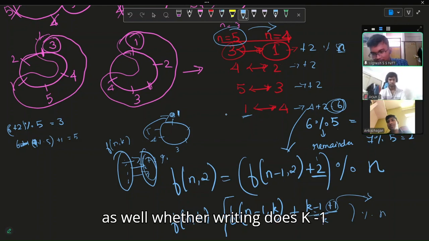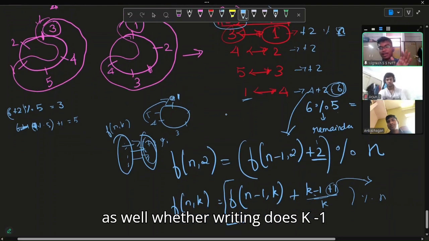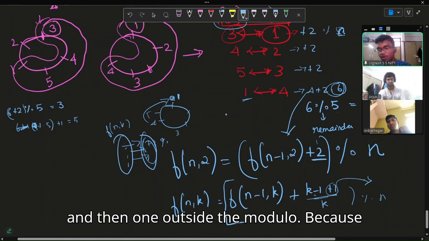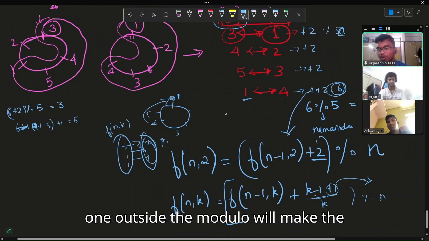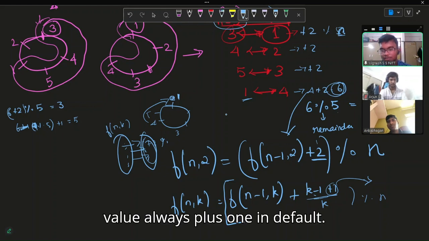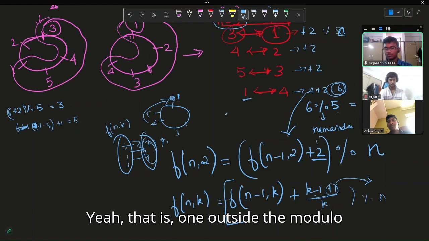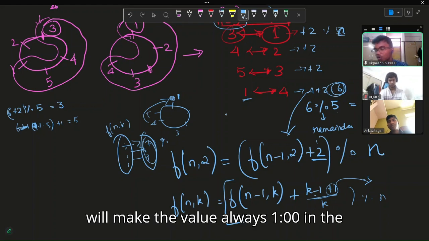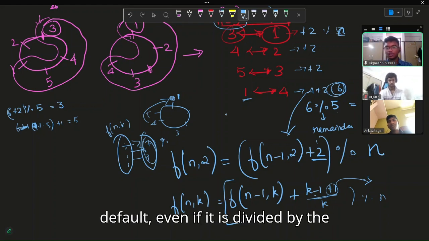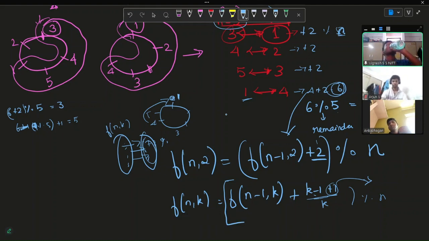I want you to think as well. One outside the modulo will make the value always plus 1 by default, even if it is divided by the modulo.